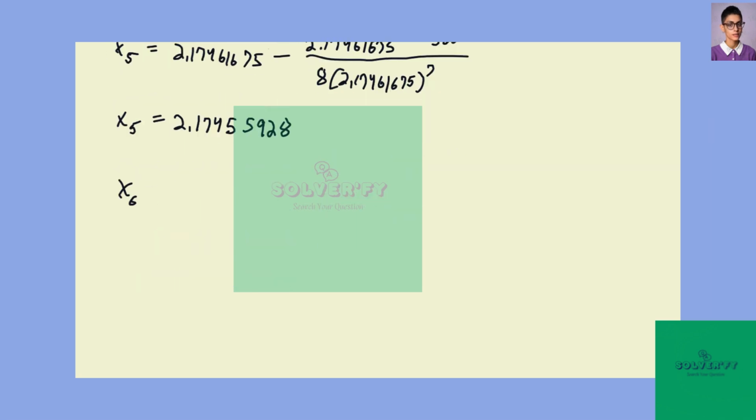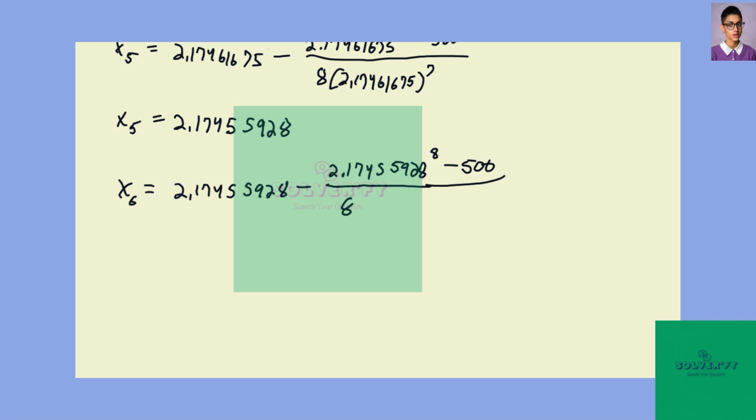Okay, let's find the sixth one. x sub 6 would be that value minus that value plugged into the function. So 2.174559928 raised to the 8th power minus 500 over 8 times that value raised to the 7th power.